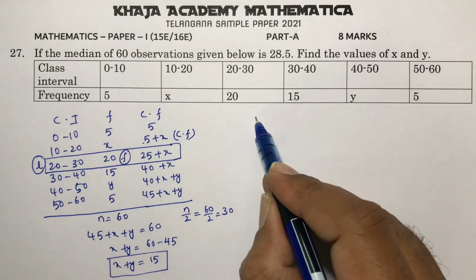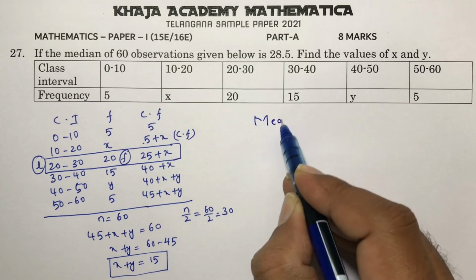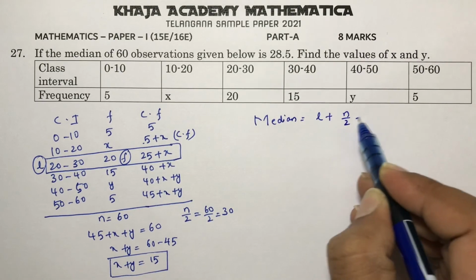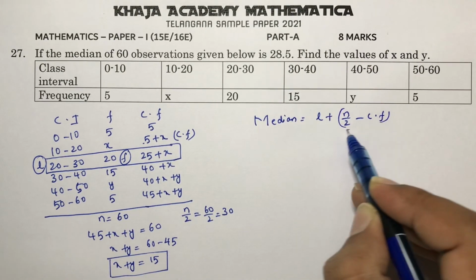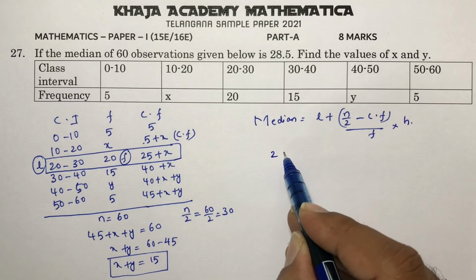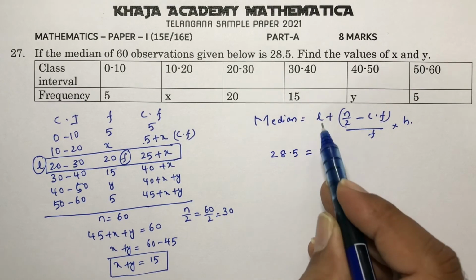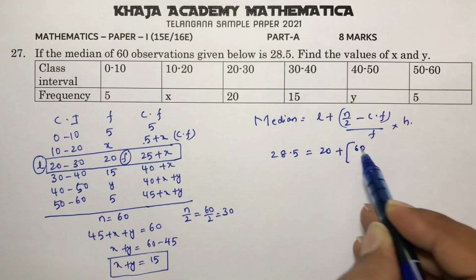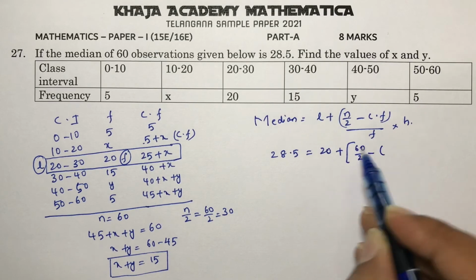Now the median formula, if you write, L plus (n by 2 minus CF) by small f into h. Median is 28.5 and L is 20. n by 2, 60 by 2, minus CF.